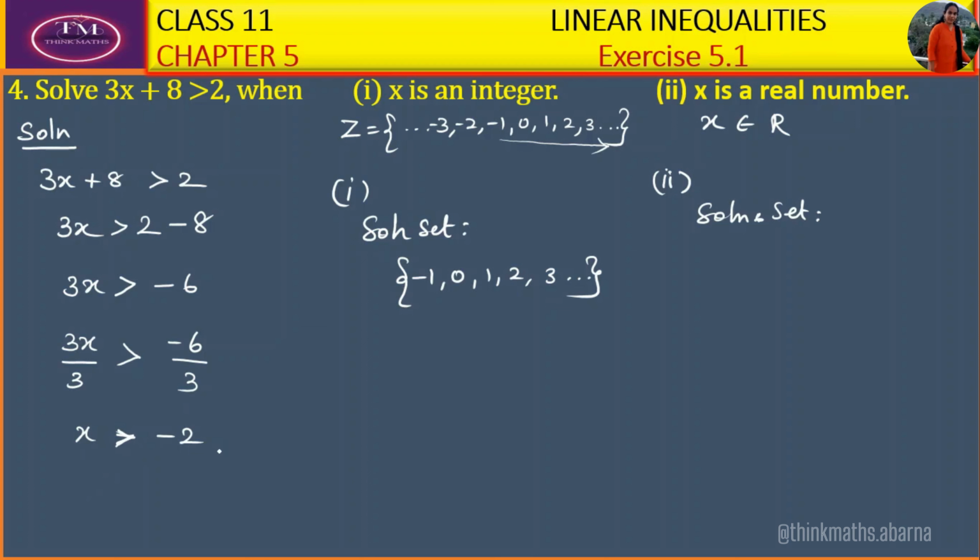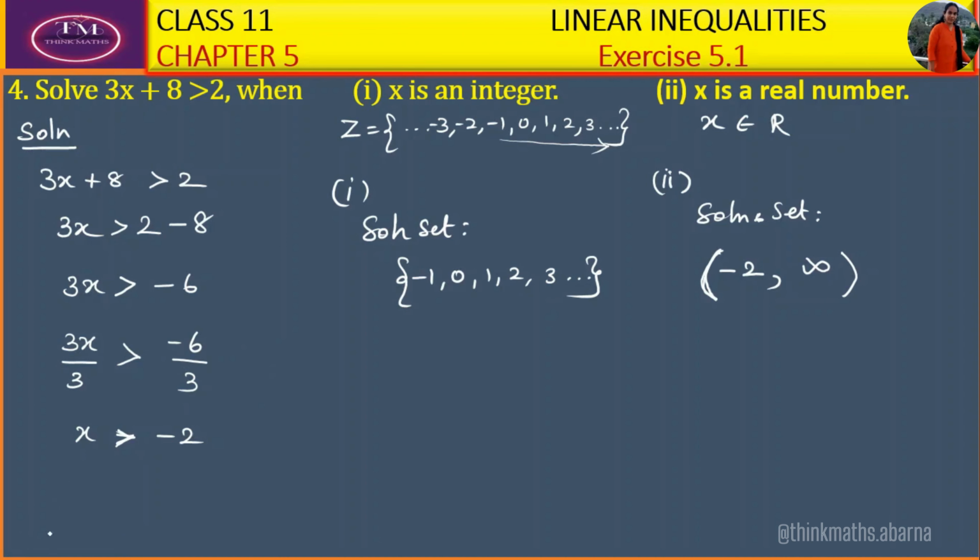As it is greater than minus 2, this number should come first: minus 2. As we use the curly bracket, this minus 2 is not included and it moves towards the right till positive infinity. So this is the way you have to write the solution set for the real number system.